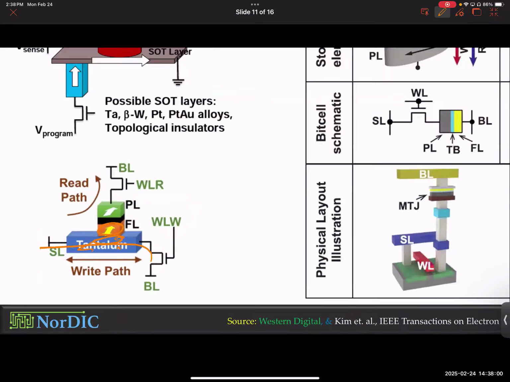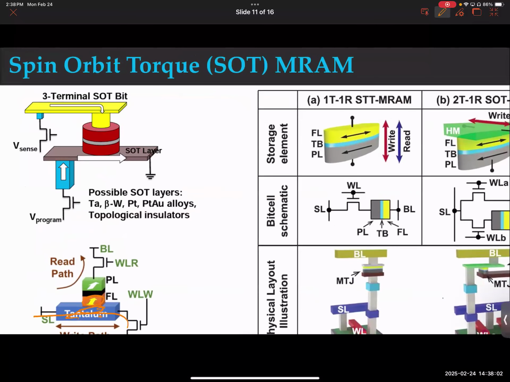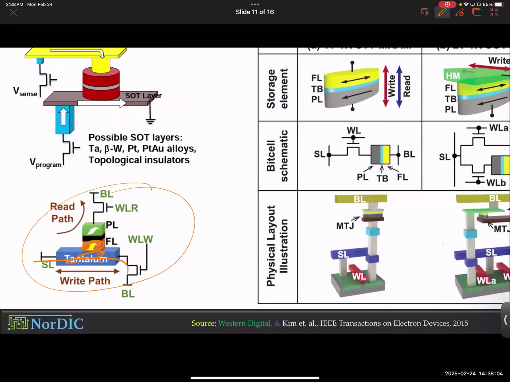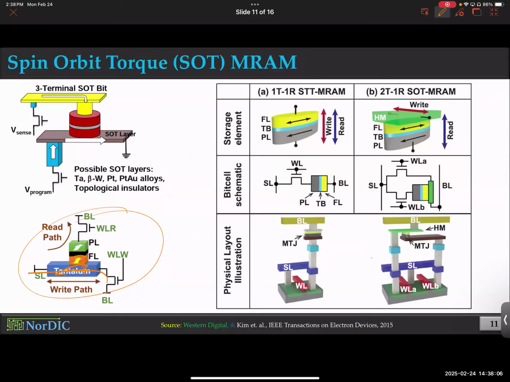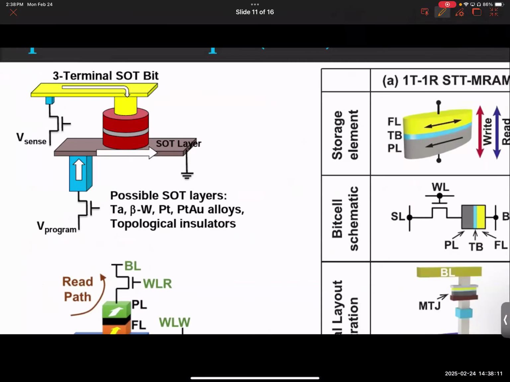Very high level description. This is taken from the original paper, and this is a 3D structure that I made, because I felt it's easy for me to explain this way. But anyways, let me show you this one as well. This is the transistor. This is the SOT layer, what they call it. SOT stands for spin orbit torque. This is the reason behind spin separation.